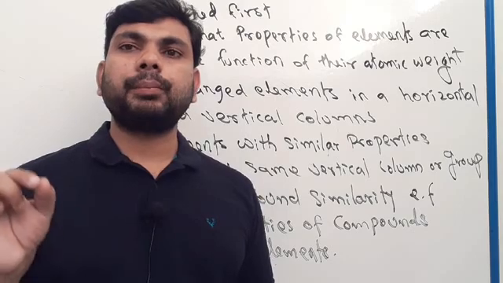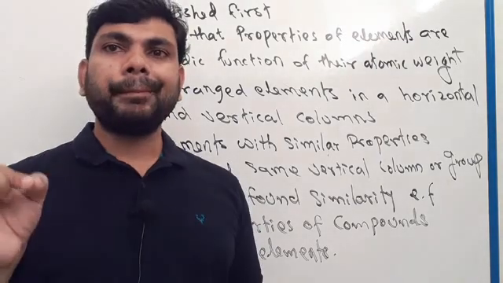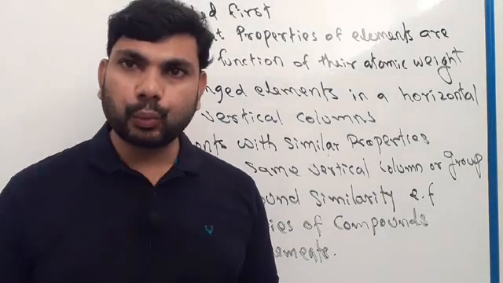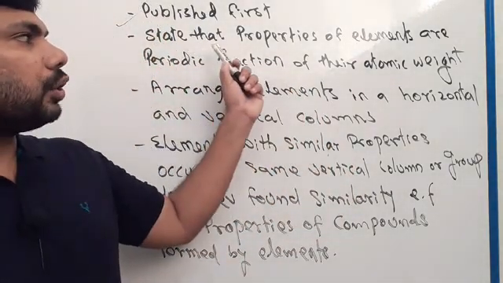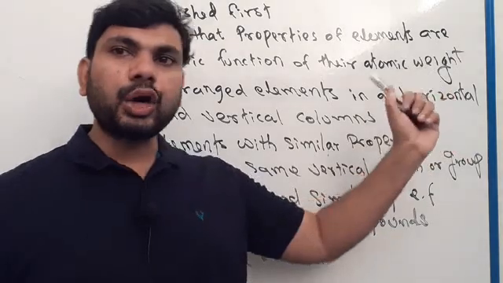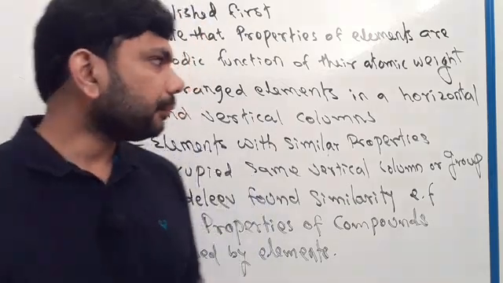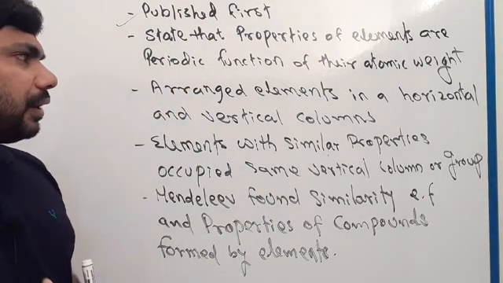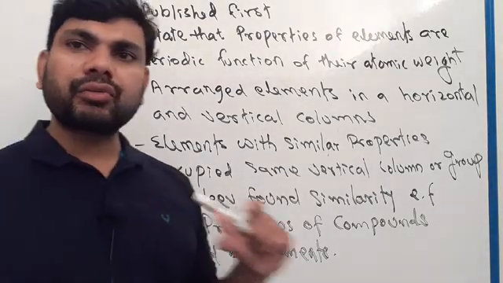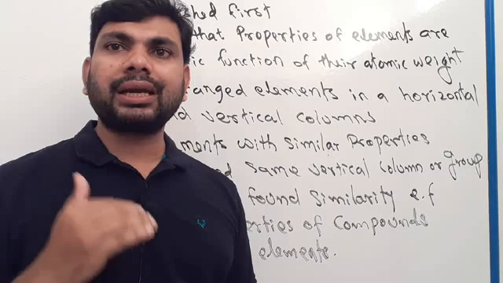Remember, there is Mendeleev's periodic law and also the modern periodic law, and they are different. In Mendeleev's periodic law, the properties of elements are periodic functions of their atomic weight. In the modern periodic law it is different. Mendeleev arranged the elements in horizontal rows and vertical columns according to their atomic weight.